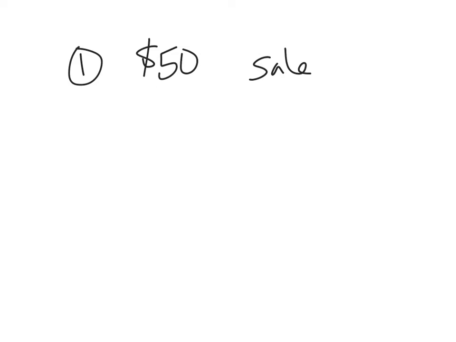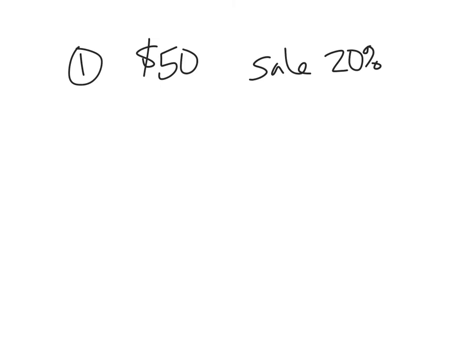All right, so on your own, number 1, grab your piece of paper. The original price of a skateboard is $50. The sale price includes a 20% discount. What is the sale price? So let's do method 2 for the first one.